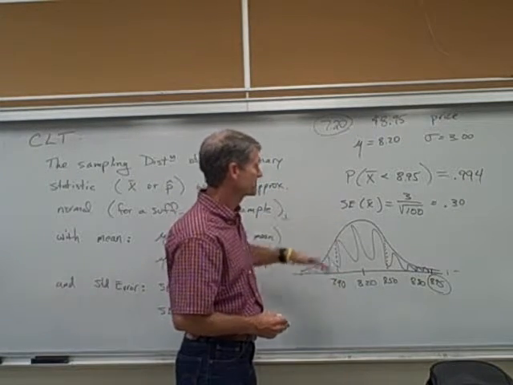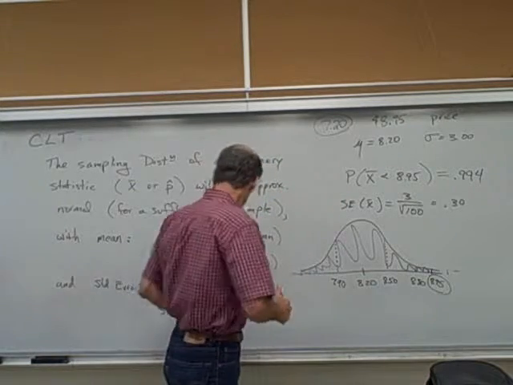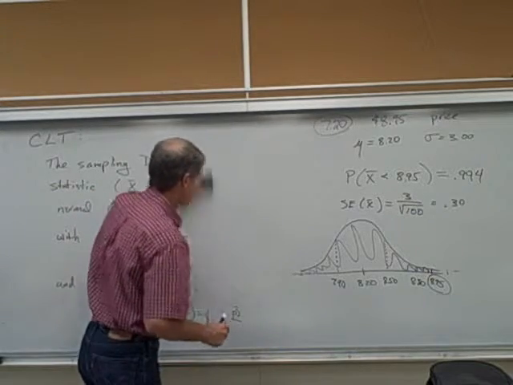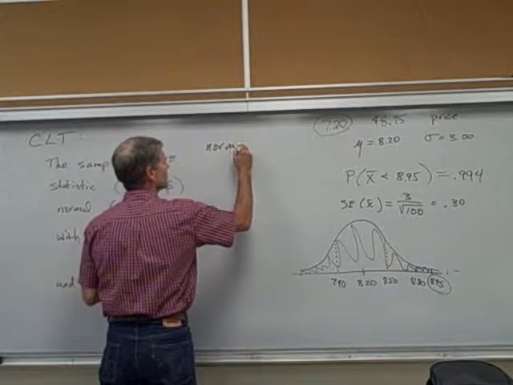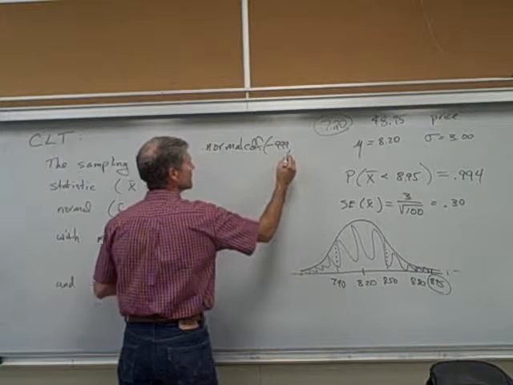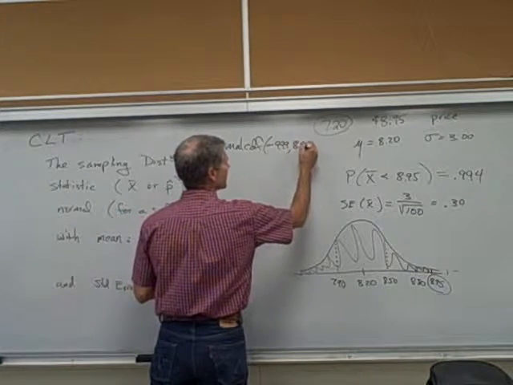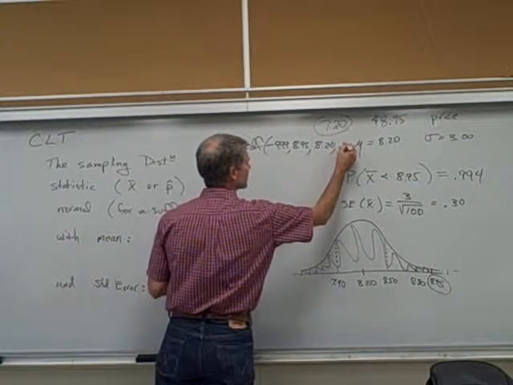Now, what's the most common mistake for this problem? Any guesses? Using the 3. What you just did was normal CDF from negative infinity to 895 with a mean of 820 and 0.3.